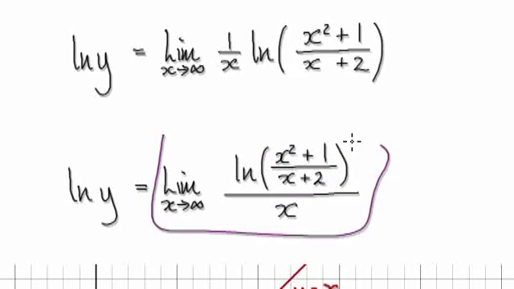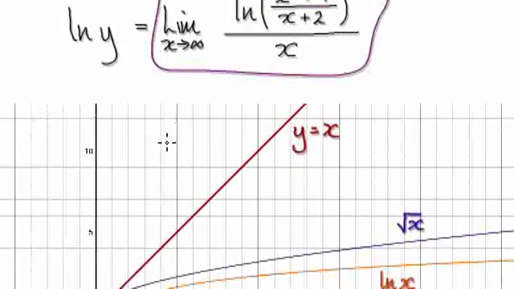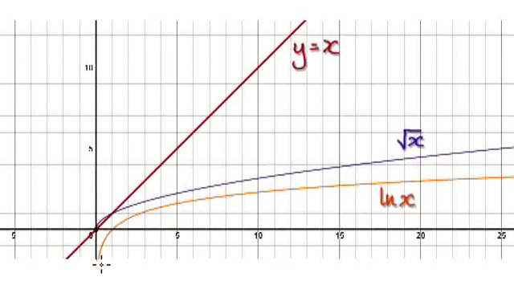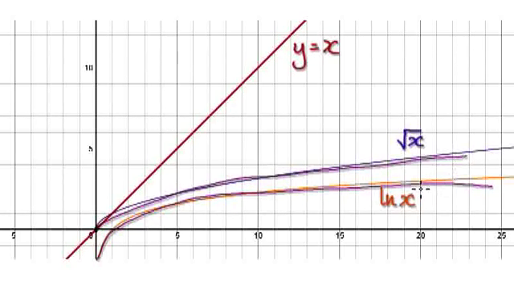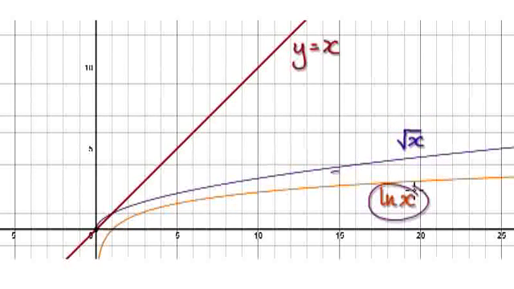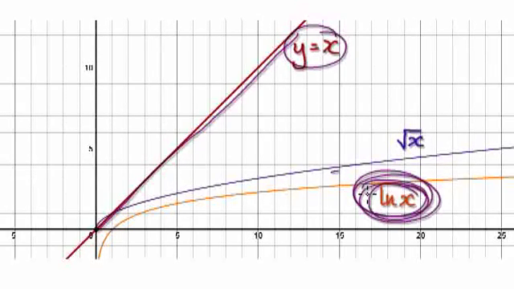If you get to this stage here, your natural log of x looks something like this. Your square root is also climbing. Square root climbs faster than the natural log of x. But then if you look at y equals x, it climbs a lot faster than the natural log of x.